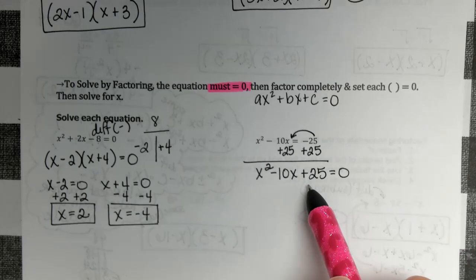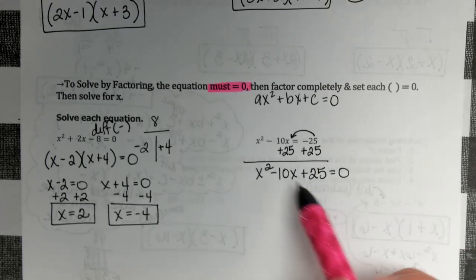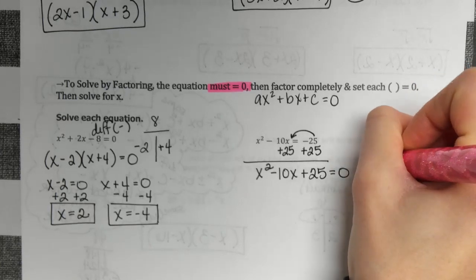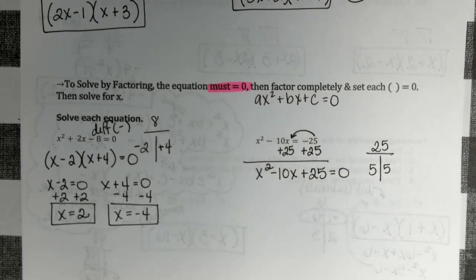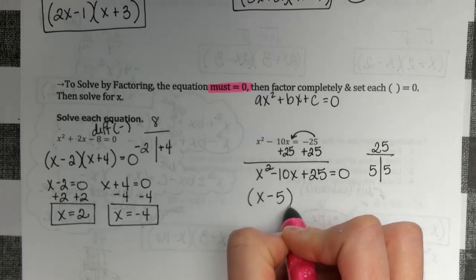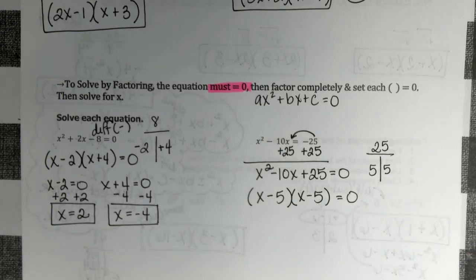And then I factor. I need factors of 25 to give me a 10. What would that be? 5 and 5. They would be the same sign. They're the sign of the middle. So it should be x minus 5, x minus 5 equals 0.